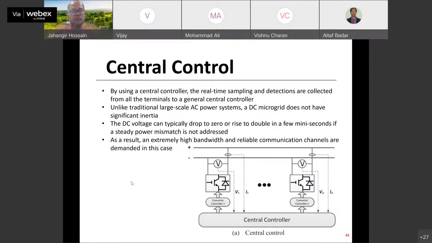If you would like to do that, you need some sensors to measure signals such as voltage, current, whatever you want to measure, from the devices. Then you measure the signals from all the devices and bring them back to the centralized control. Let's say this is device 1, and you might have n number of devices.